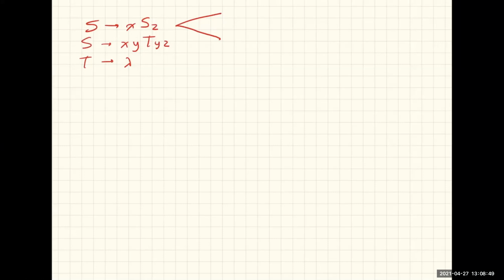If we substitute with the first option, we will have X, S, Z, Z, because we are substituting X, S, Z with this part. The second option will be X, X, Y, T, Y, Z, Z, because this will be the second part of it.